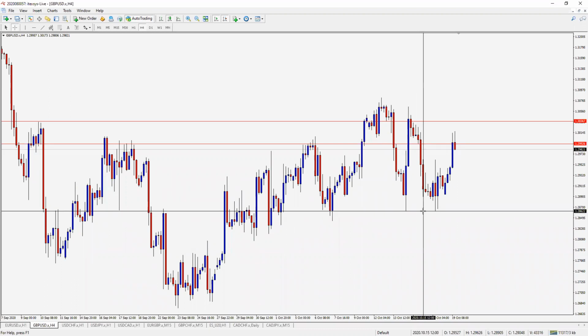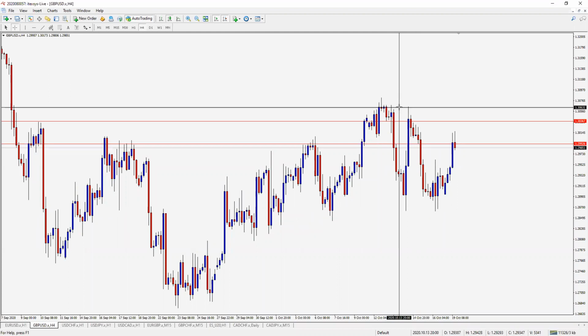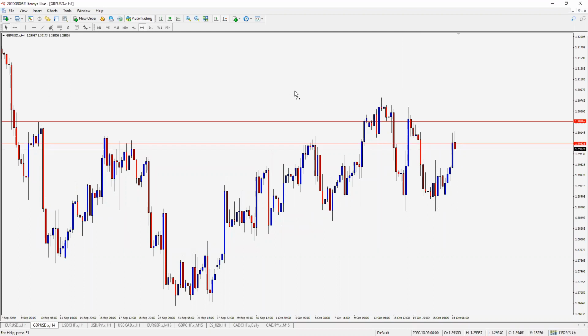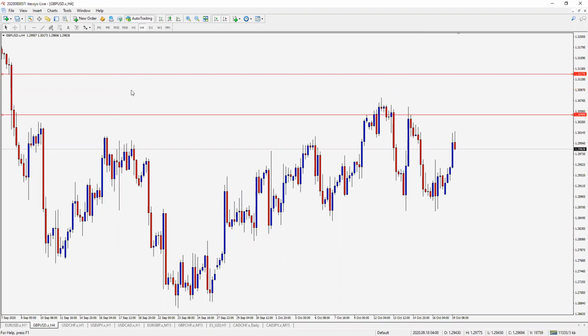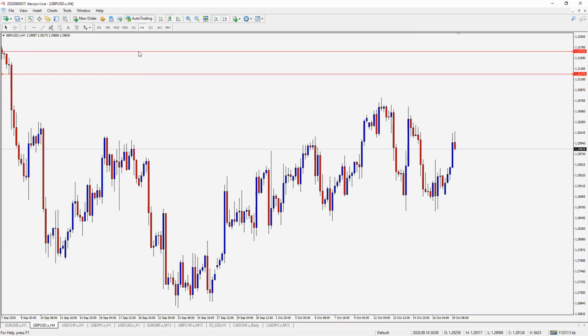Nothing new. We have this support here below that the price can't break out, and this resistance here above. If we are looking for the next ultimate level to sell or to buy, in this 4H time frame I would mark this level here.